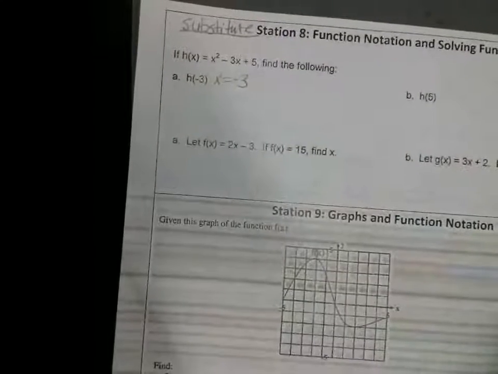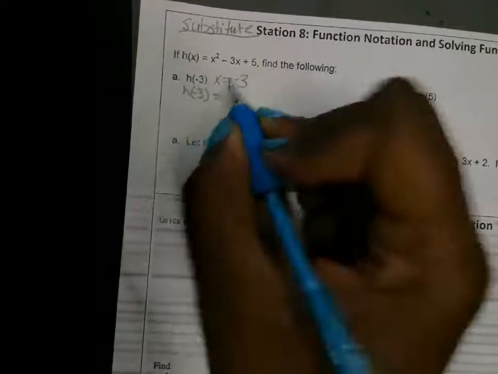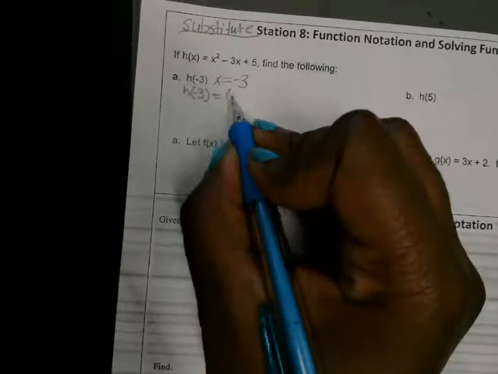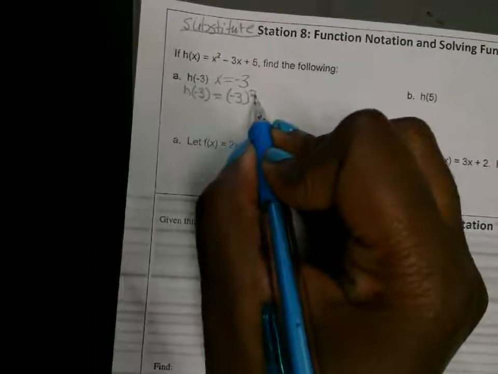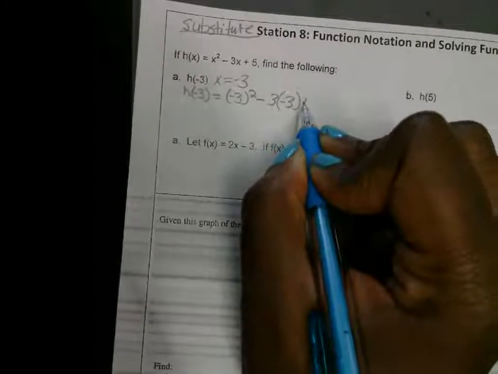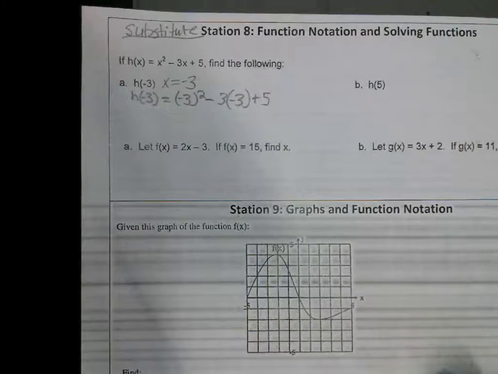Substitute. All right, so you're going to substitute the x value into the equation to find the answer. So we got h of -3 is equal to, we're going to put -3 in the place of x. So now we're going to use order of operations.